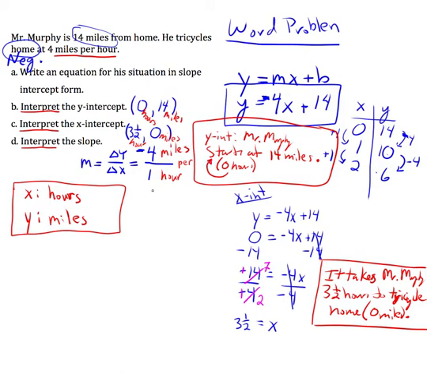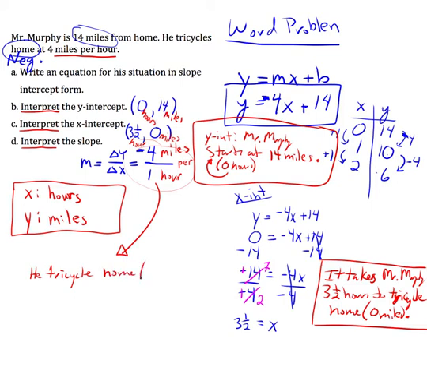So now I'm going to interpret the slope. So our slope is right here. And remember, that was in our equation up here, or our word problem where we got that. And it's that minus, that negative was to the home. So I'm just going to write that sentence again. He, Mr. Murphy, tricycles home.